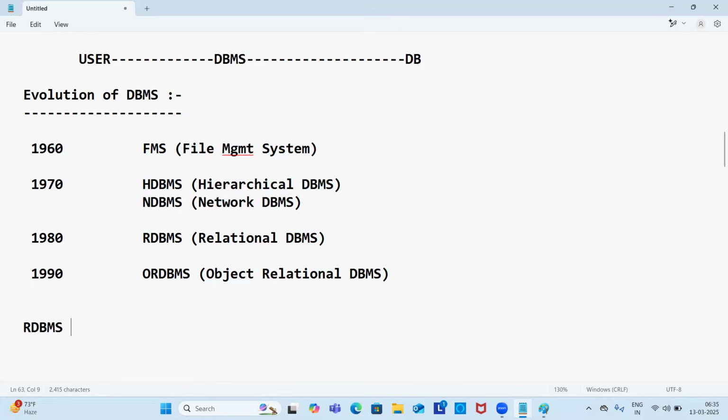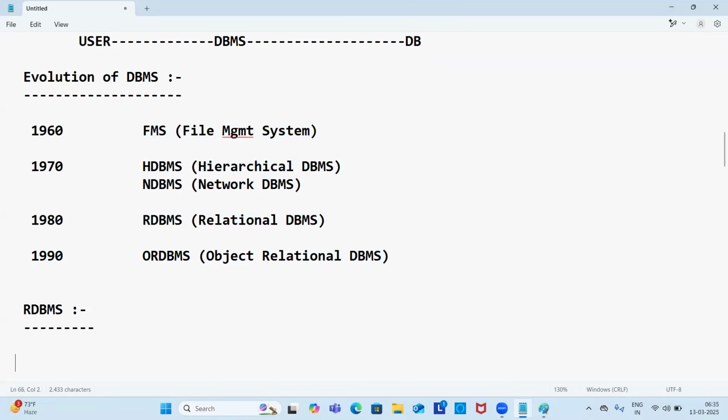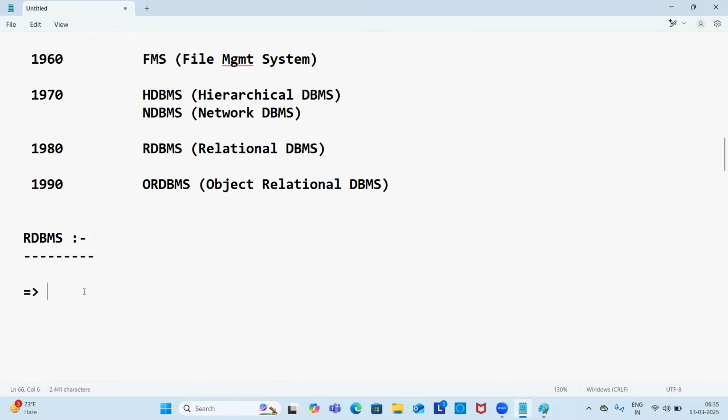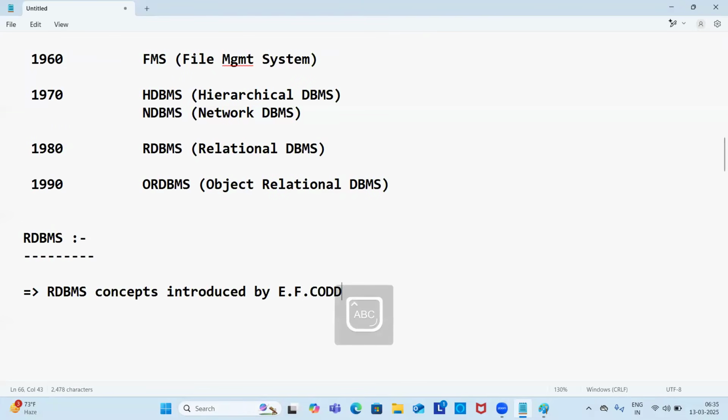Now, what is RDBMS? The RDBMS concept was introduced by a person called E.F. Codd.